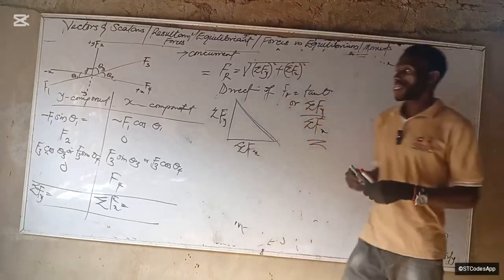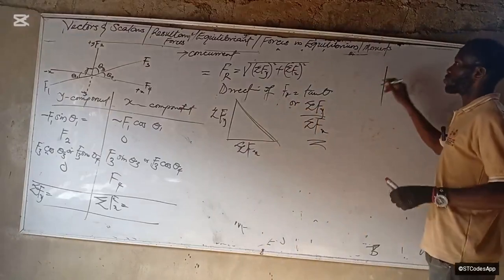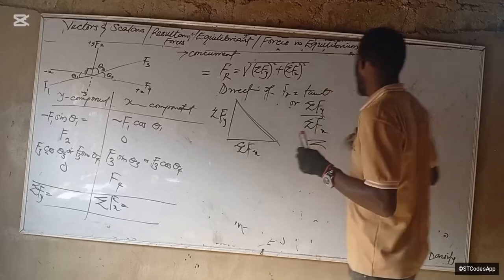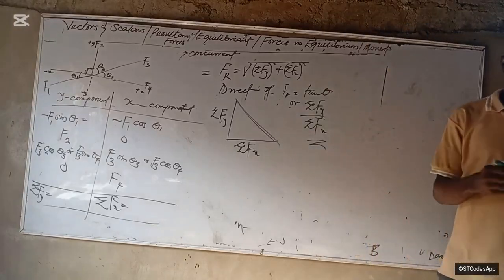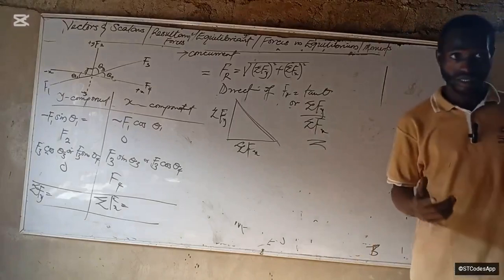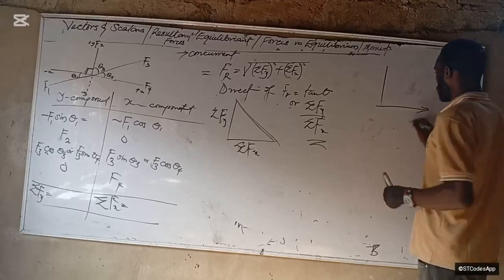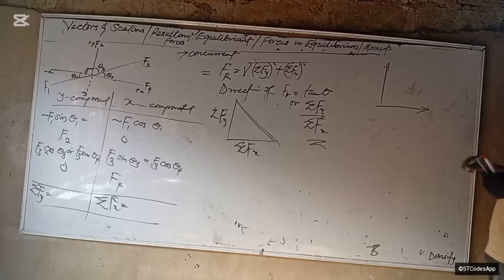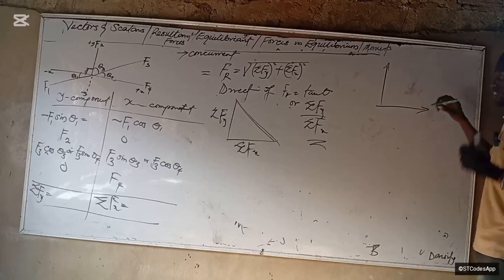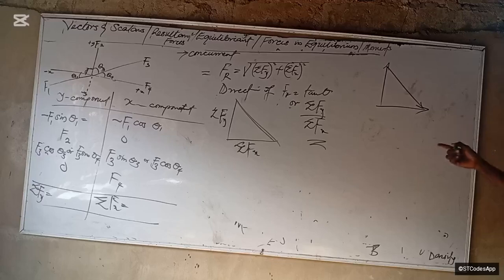If two sides of a triangle are represented in magnitude and direction, the resultant is the third line that joins the two points together. Is that okay? That's the resultant. So that is for that.